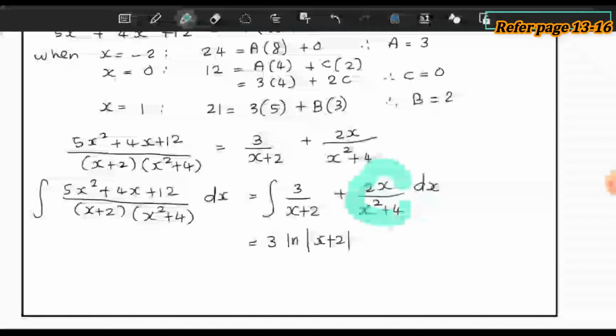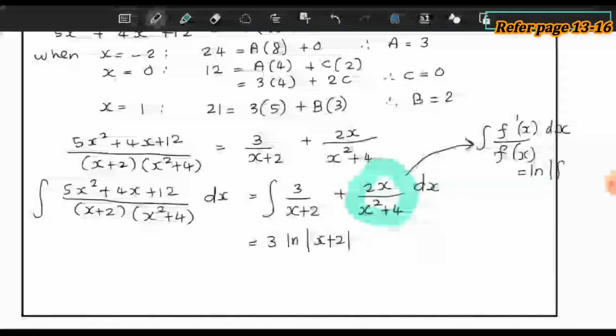And for the second term here, we can apply the rule: the integral of f prime x over f x dx equals ln f x plus c.